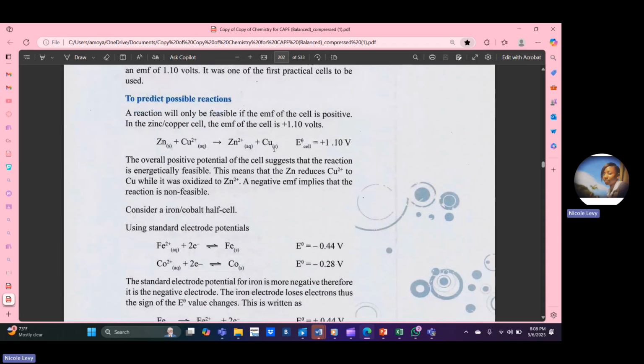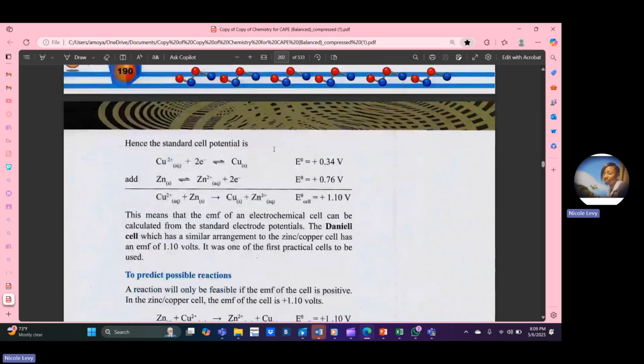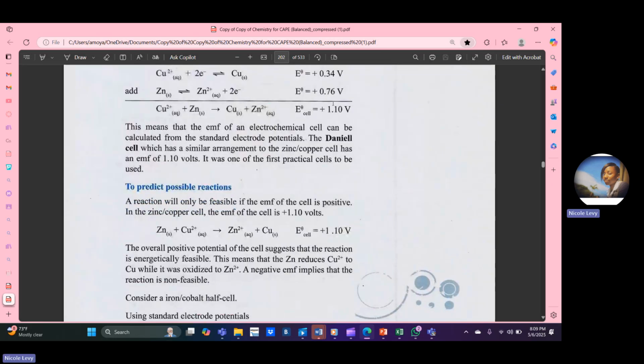The last thing is that standard electrode potential values are used to predict possible reactions. They can tell you which reactions can take place and which can't. A reaction will only be feasible, feasible meaning is it likely to happen, can it happen, if the EMF value that you find is positive.